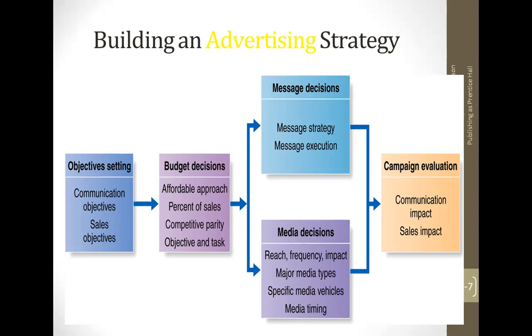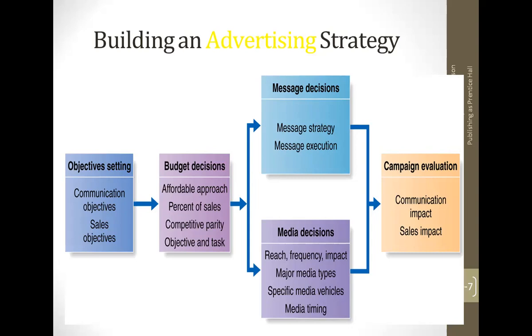Do you want them to know about the product? Do you want them to act, as in, do you want them to buy the product or the service and so on? So what's the major media type? What media do these people have access to? What specific media vehicles do they have access to? And the timing for your media as well is very, very important.